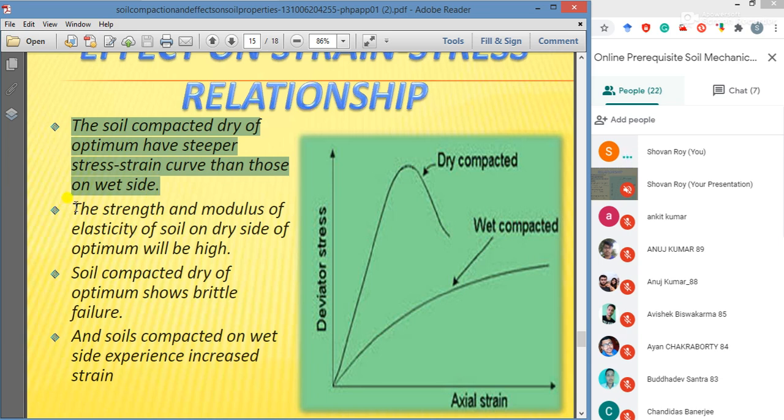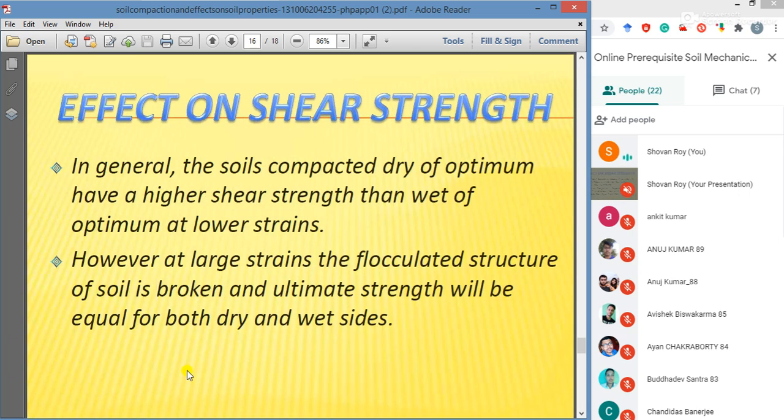So another thing is there, that is shear strength. The shear strength of compacted clays depends upon dry density, molding water content, soil structure, method of compaction, strain used to define strength, drainage condition and type of soil.